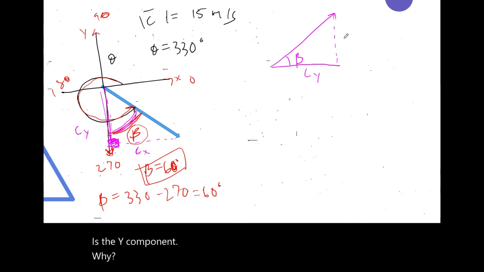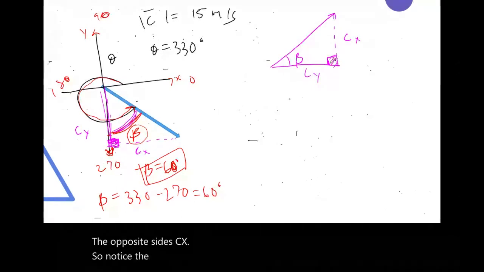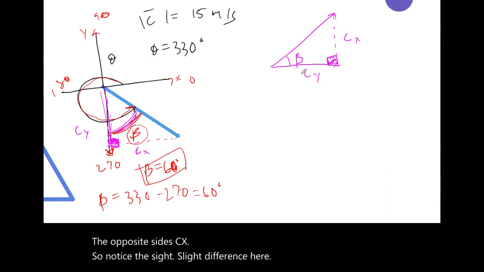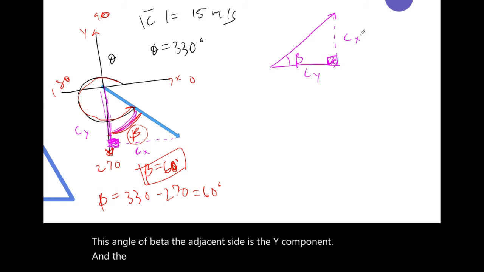The opposite side is x. So notice the slight difference here. When we use this angle of beta, the adjacent side is the y component, and the opposite side is the x component.